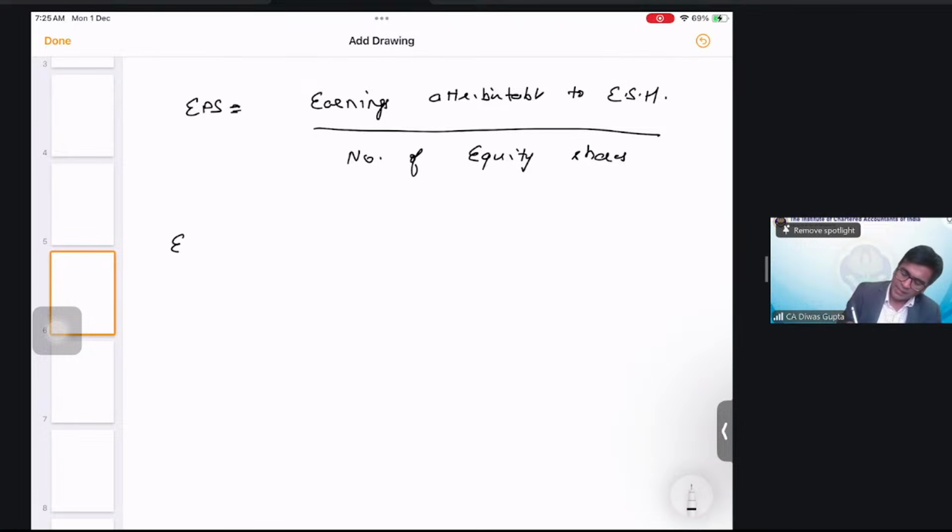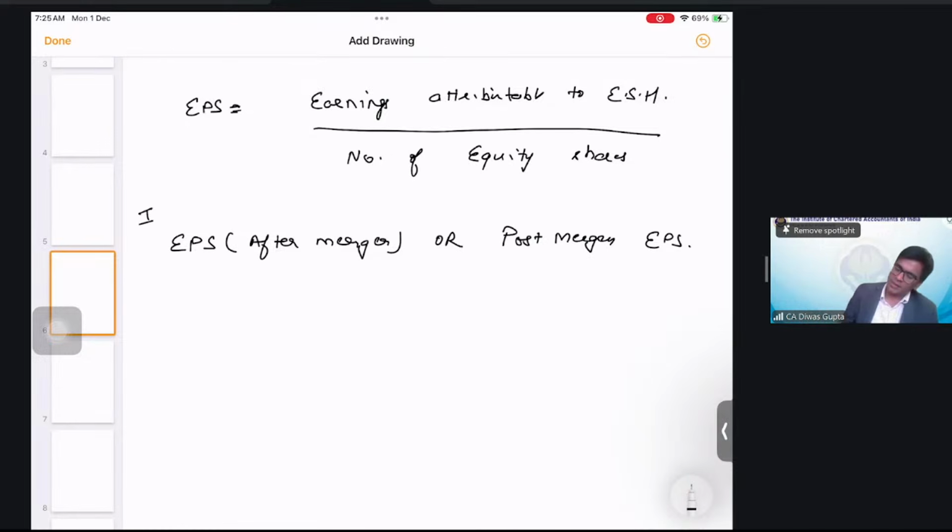Now, sometimes the question might ask you that what is EPS after merger or post merger EPS. So this is important because the question will always ask you that what is the post merger EPS.